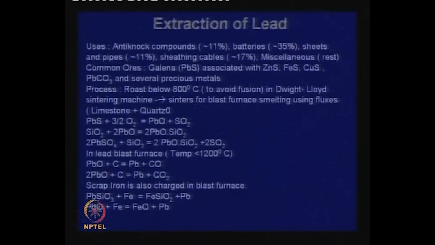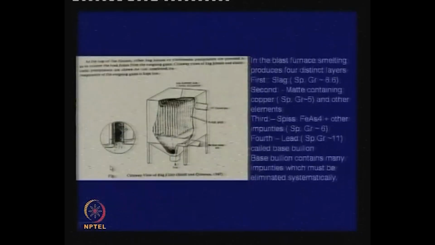This blast furnace is shorter in height and the temperature is not as high as that in an iron blast furnace. It is around 1000 degrees, and it is straightforward: PbO being reduced by coke to produce lead. That lead is called lead bullion.